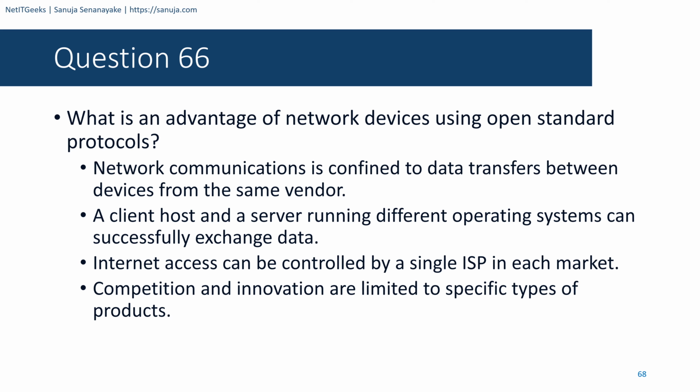So the reason why we have open standard protocols such as the TCP/IP suite is that clients and servers running different operating systems can communicate with each other. Doesn't matter whether you have a Cisco IOS switch and a router made by IBM or a Linksys or some other company. They can communicate with each other.